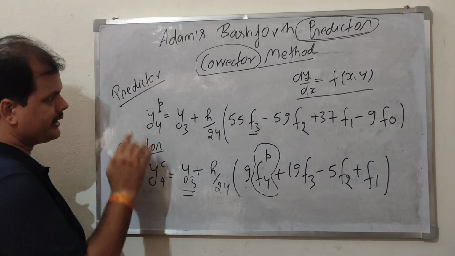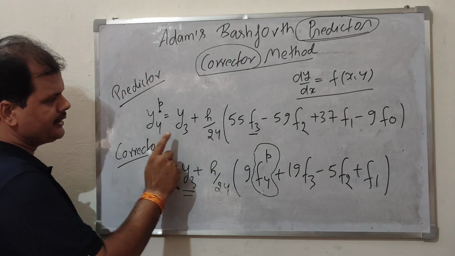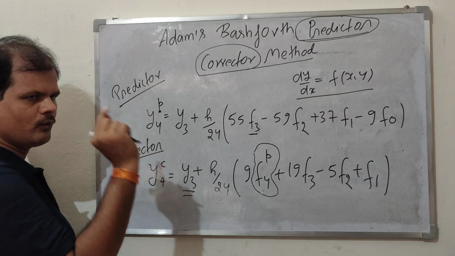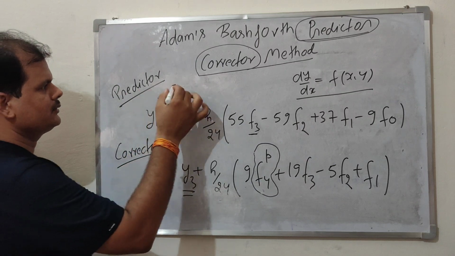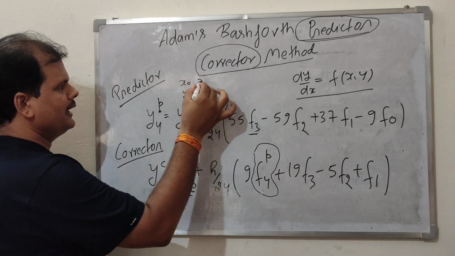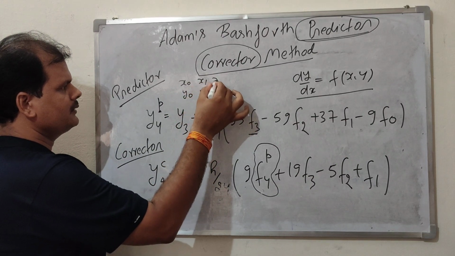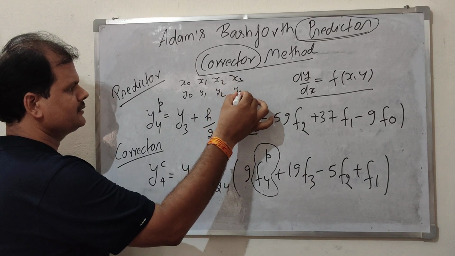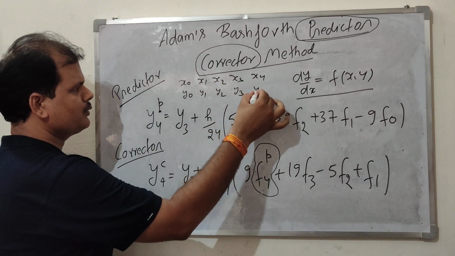One more thing: for applying this formula we need y3, y2, y1, y0. So x0, y0; x1, y1; x2, y2; x3, y3; x4, y4.